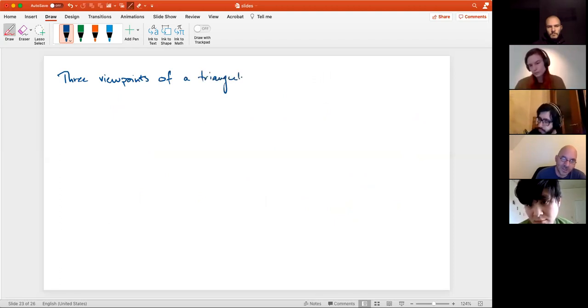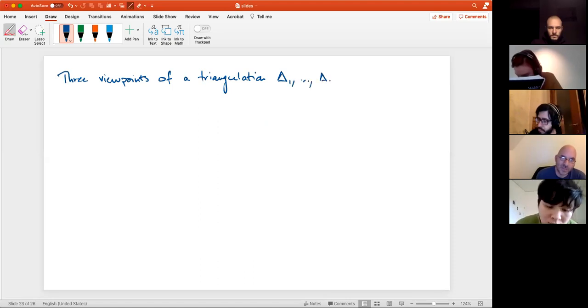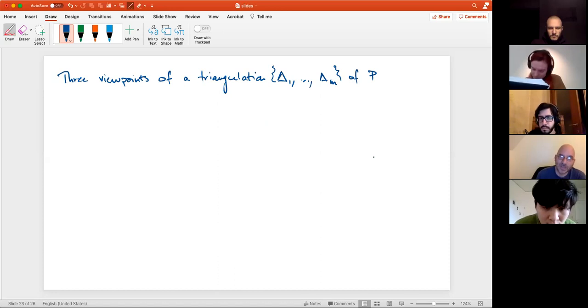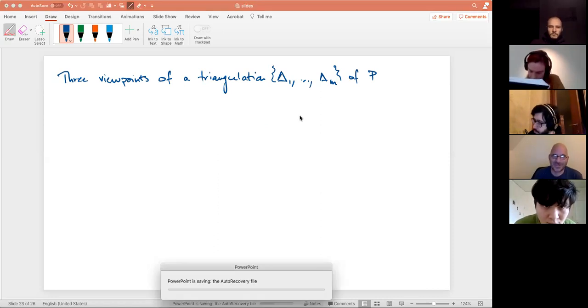So for a triangulation, let's say sigma 1 through sigma m are the top dimensional simplices of some polytope P. This notational stuff becomes hard with triangulations.